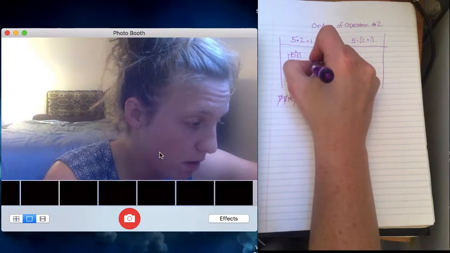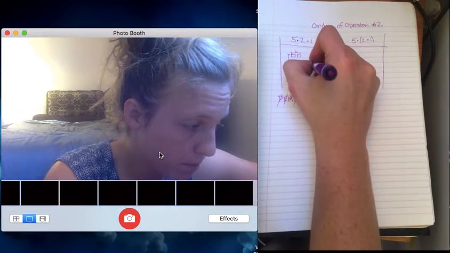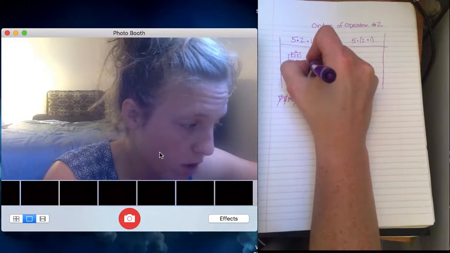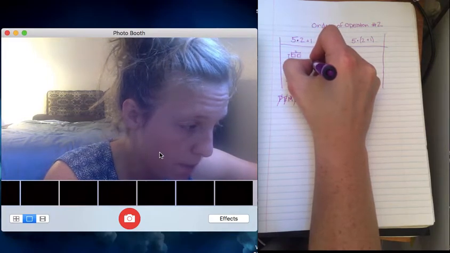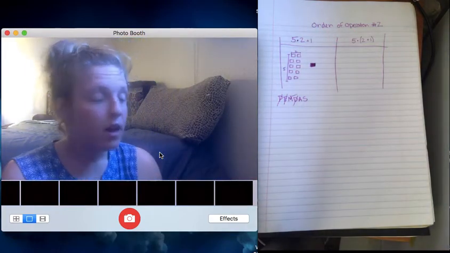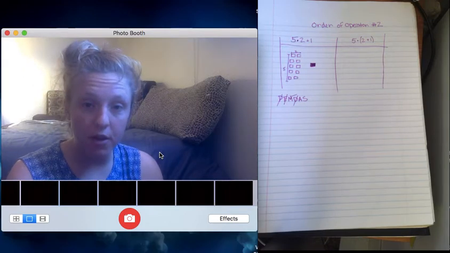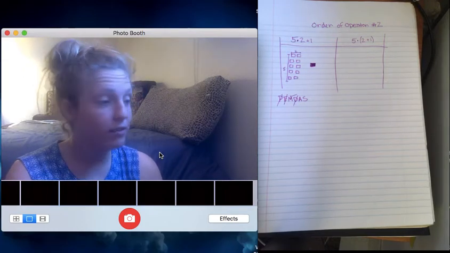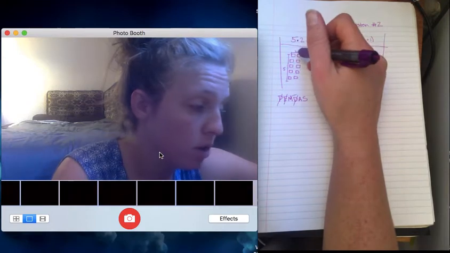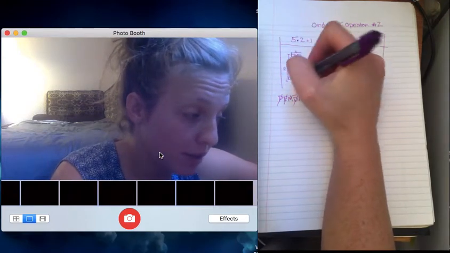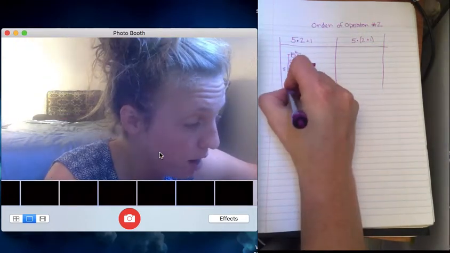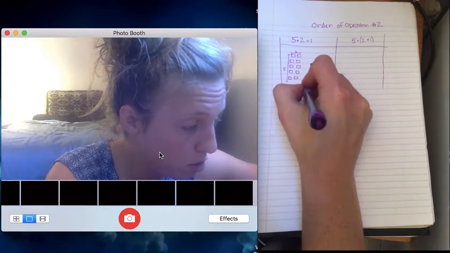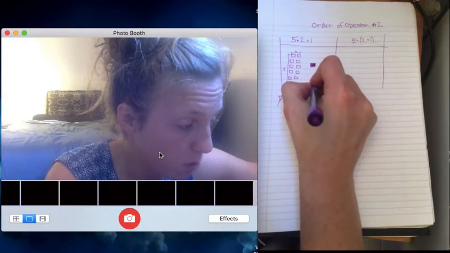We add 1. I'll color this one a different color so I remember that it's a different step. And we can count those up, or do that math in our head, but we have 5 times 2 here, which gives us 10, plus 1, which is 11. So 5 times 2 plus 1 equals 11.